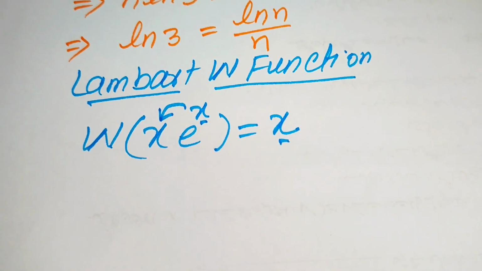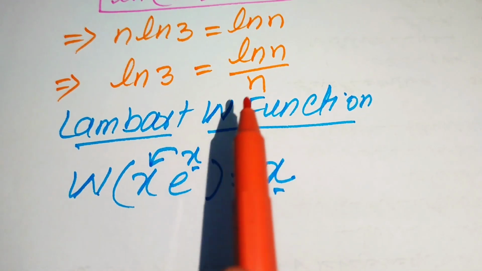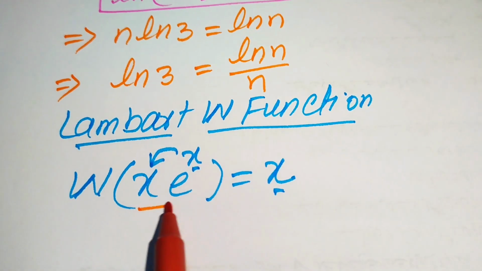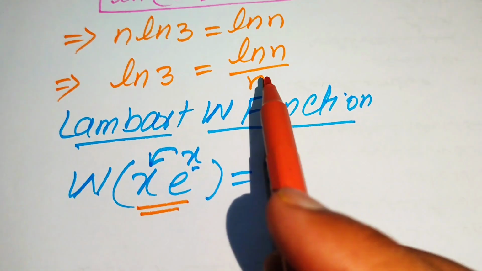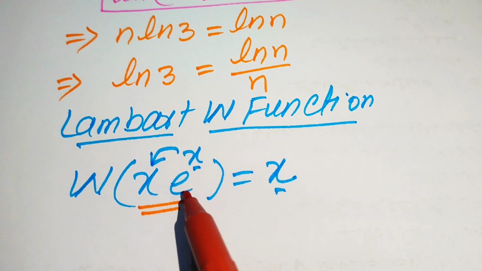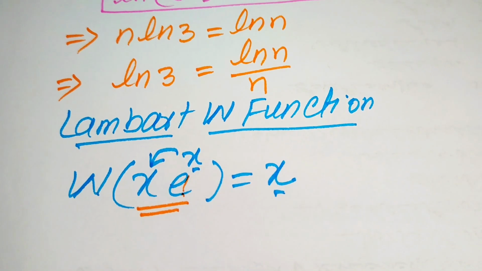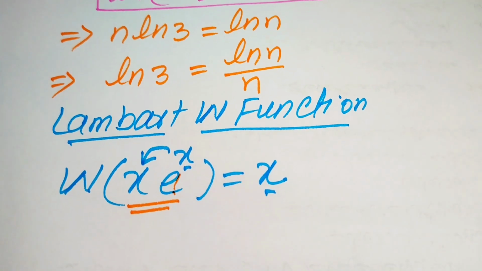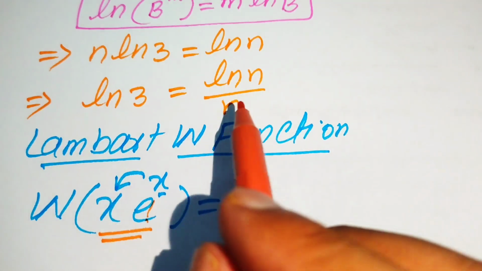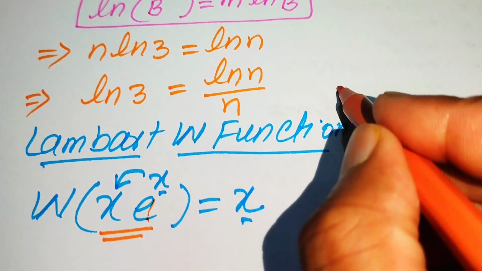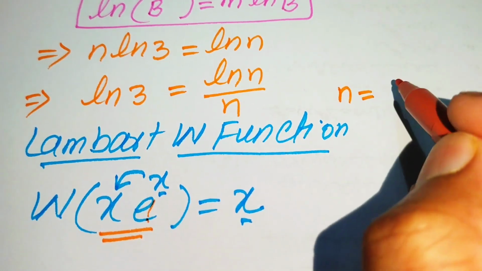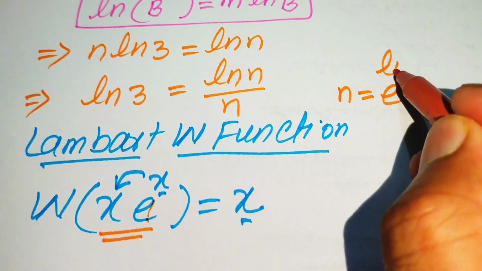Now we apply this Lambert W function to the above equation, but first we convert our equation into this form. We introduce the exponential function with base e. Here you see this is our n, and we write n equals e to the power of log n.